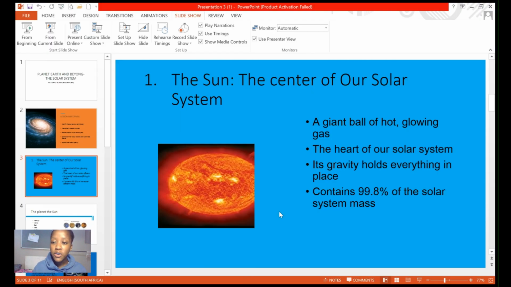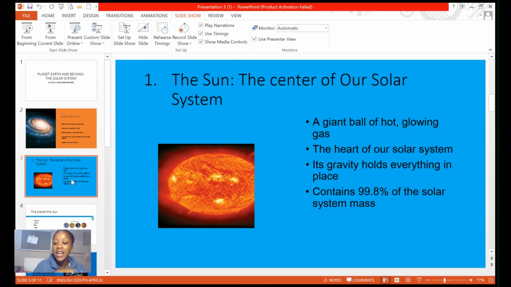It is the heart of our solar system because it is found in the middle. And it has a strong gravity that holds the moons, the planets, and other objects orbiting around it. It also contains 99.8% of the solar system's mass.